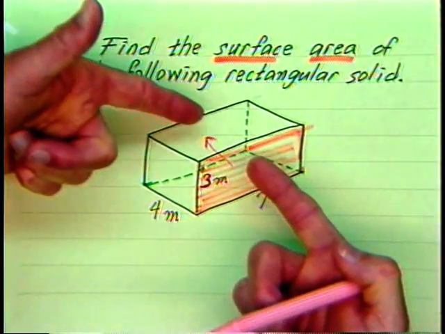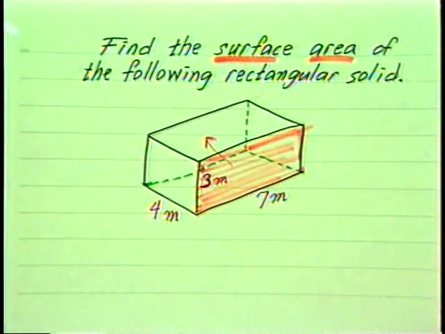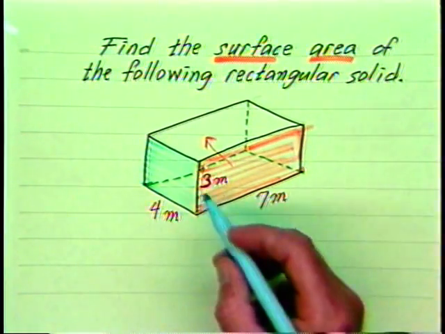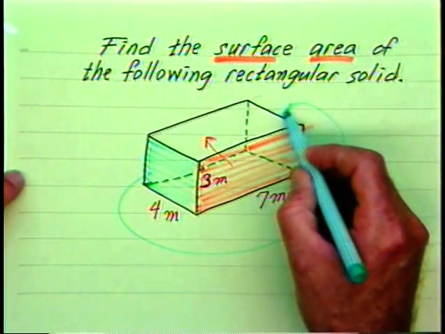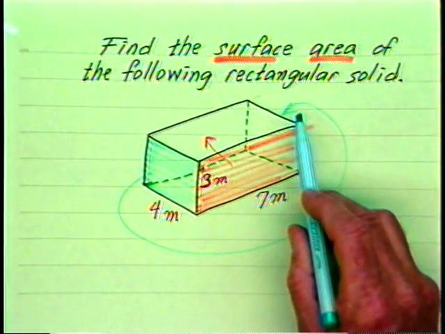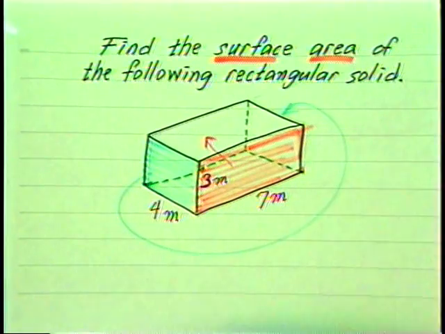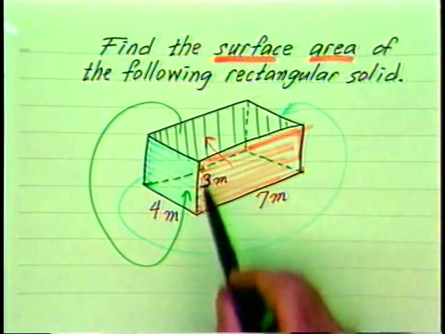So that will give us 2 pieces to this box, but also we have the end and the one opposite it will be exactly the same size. And then, of course, finally, the top and the bottom.